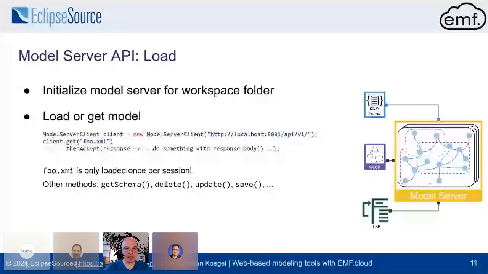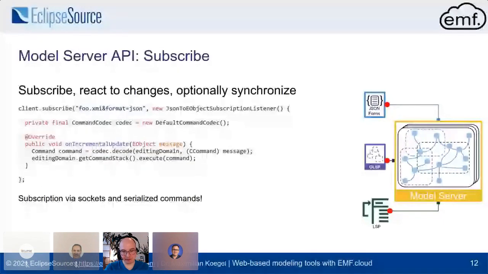Then there's an API for subscribing to changes of the model. And the idea here is that the editor can react to changes that have been performed in other editors. Here you can see an example how to do that in Java.